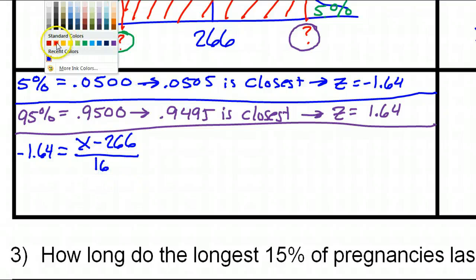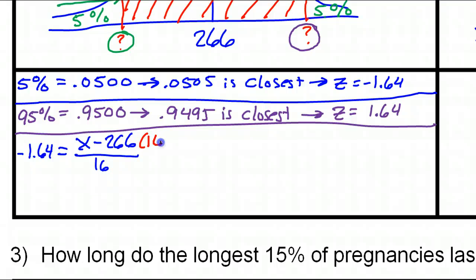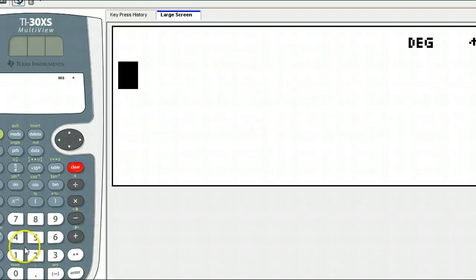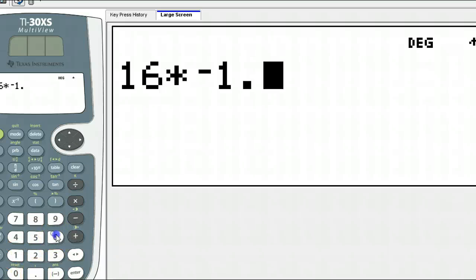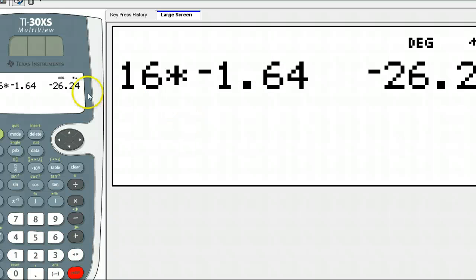So we have to multiply by 16 on both sides. All right, 16 times negative 1.64 gives us negative 26.24.